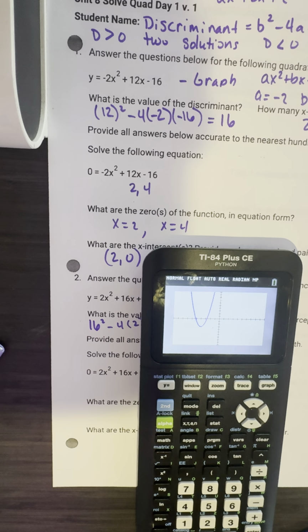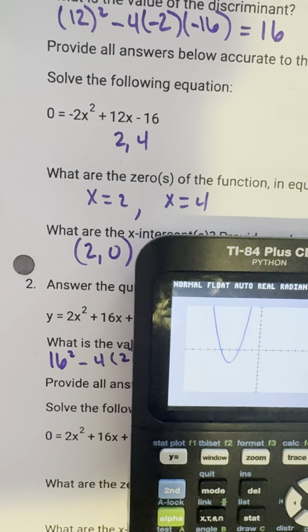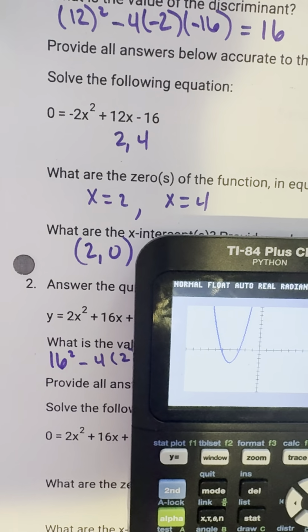Okay, so we have 2 solutions. Are they perfect? Are they going to be whole numbers? It looks like it crosses between -2 and -3. So if it's in between 2 numbers, is it going to be a whole number?